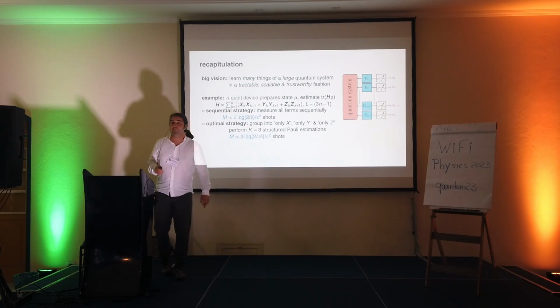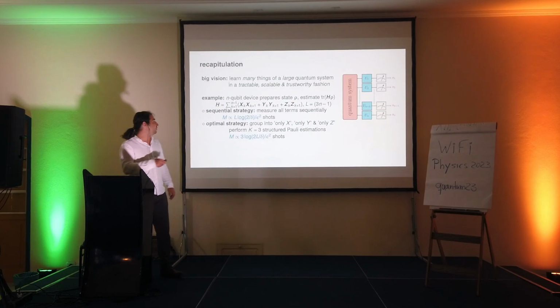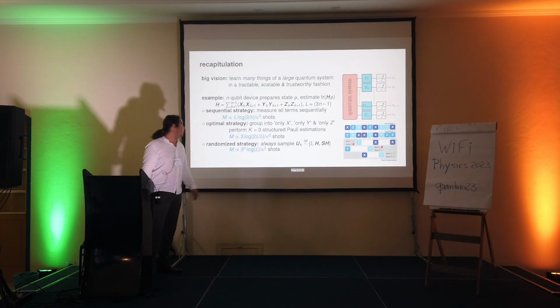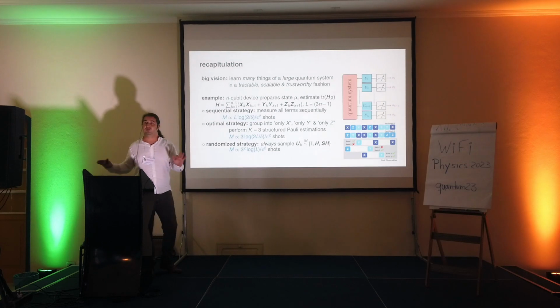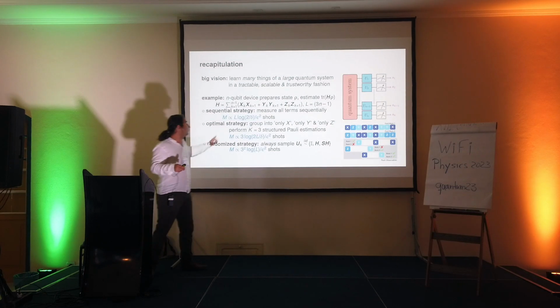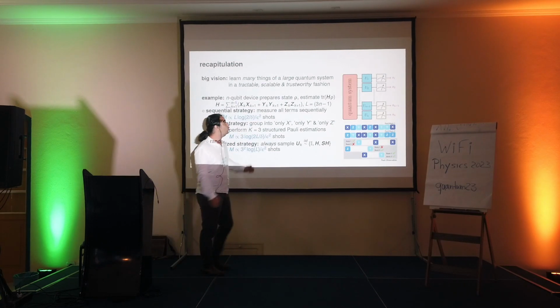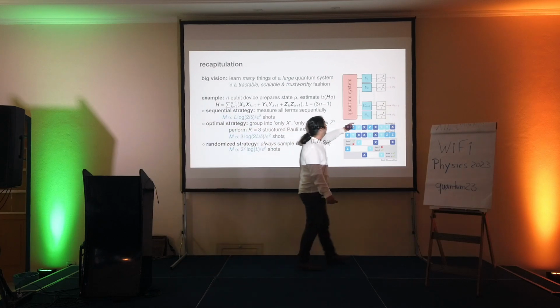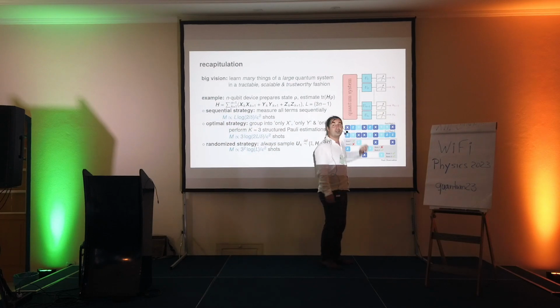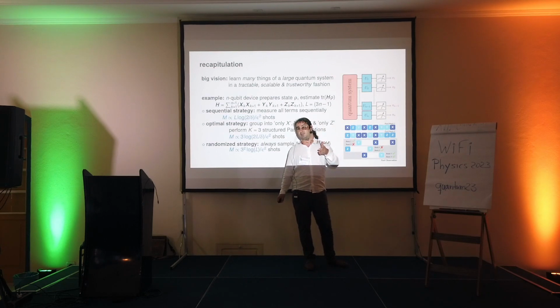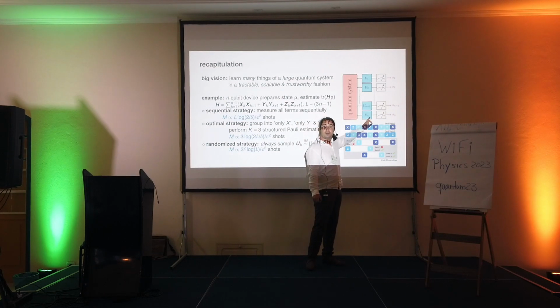And the last strategy, and this is the one I'm going to focus on here, is the randomized strategy. This is where we did our denial of service, and we didn't even try to do a grouping problem, but in each shot that we take, we choose these unitaries randomly to rotate us either nothing at all, then we do a z basis measurement, into the x basis or into the y basis. These are 3 possible rotations, and for each shot we choose them uniformly at random.